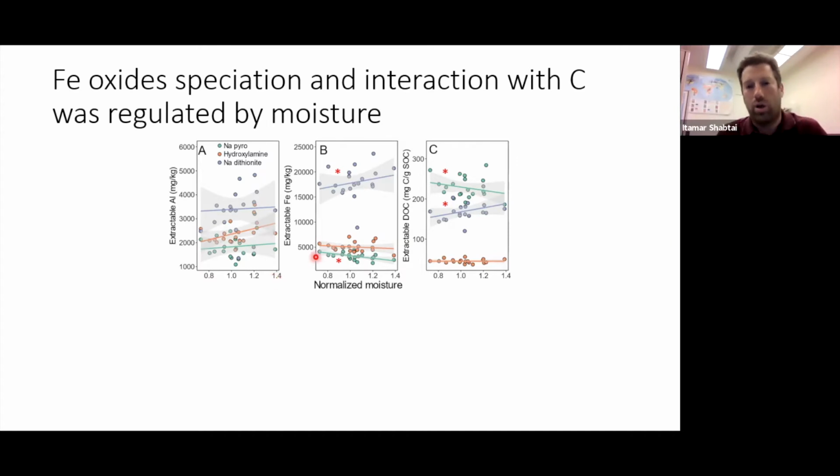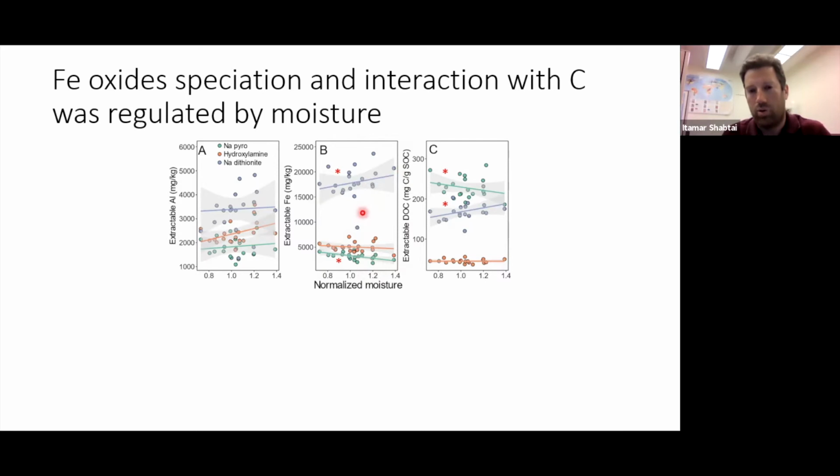Iron phases usually are, or some of them are, and we saw that the more non-crystalline amorphous phases decreased in their concentration in the wetter soils, and the crystalline phases, the more ordered minerals, increased with increased moisture.